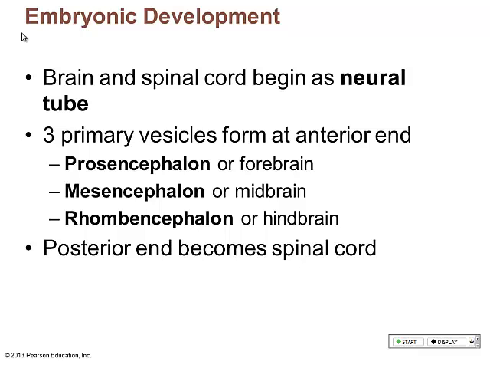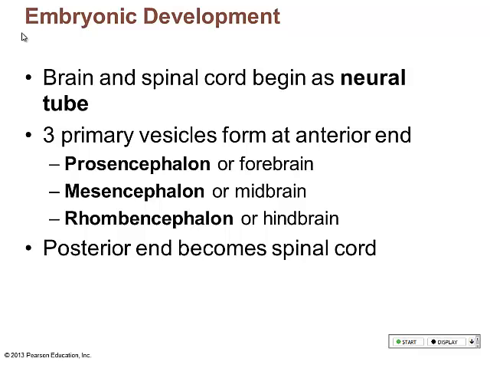So, three primary vesicles form at the anterior end, the top of this tube that keeps twisting and twisting itself during embryonic development. So, forebrain, front, prosencephalon, mesencephalon, midbrain, and rhombencephalon, hindbrain.